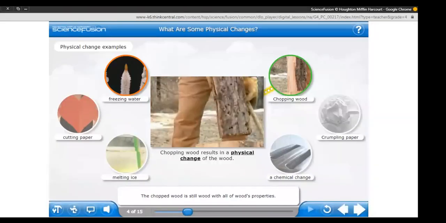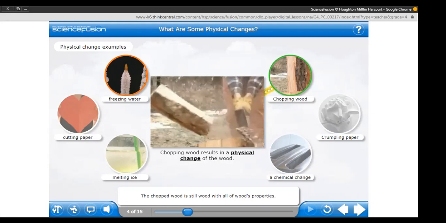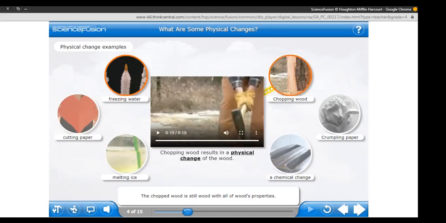Okay, so this example will be for Ahmed Walid. Why do you think that chopping wood is only a physical change, not a chemical change? Because the wood is chopped with all the wood's properties.